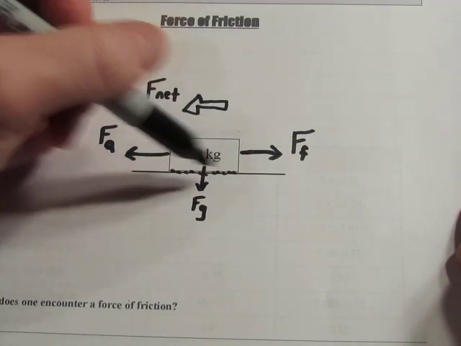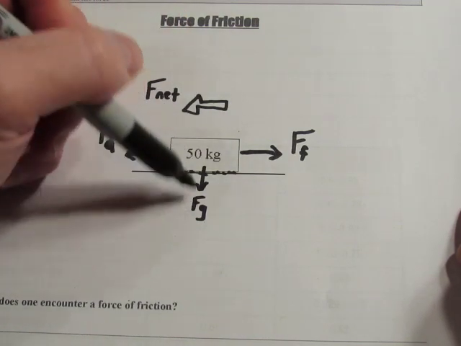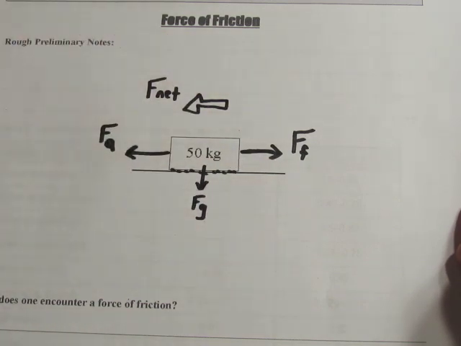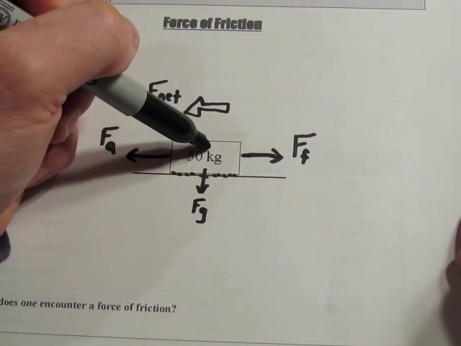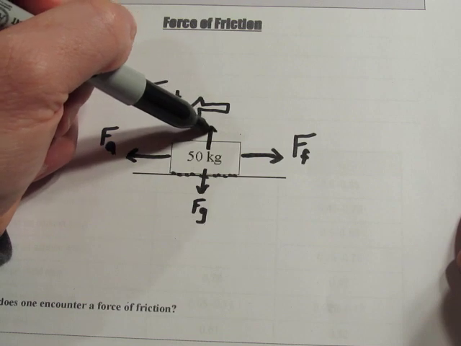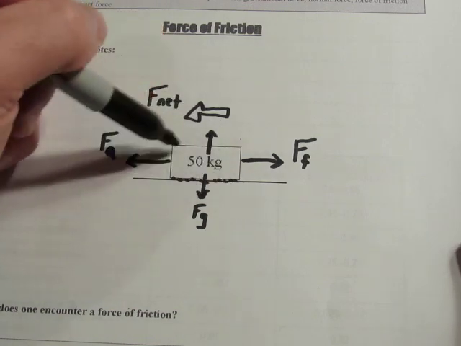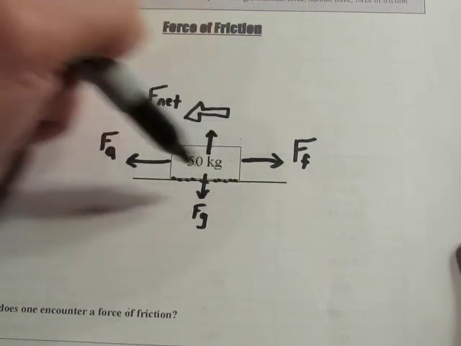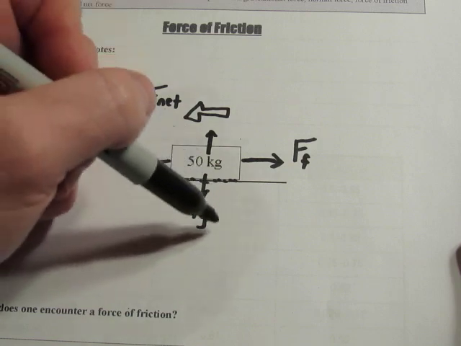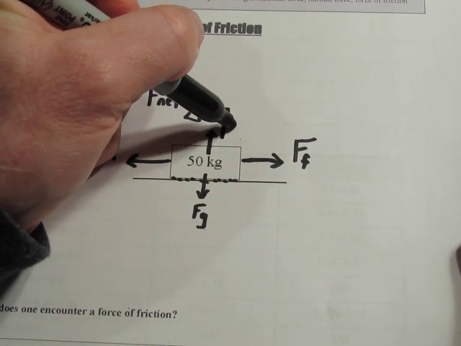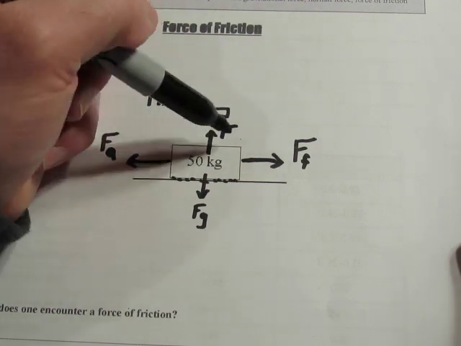And when things are sitting on the ground, they can't move down into the ground. The ground itself actually pushes up on the object with another kind of force. So now it's getting a little complicated here. There's so many different forces on this diagram. But when you have objects that are being forced into surfaces, the surface itself pushes back on the object with the last force that we're going to be dealing with in grade 11.